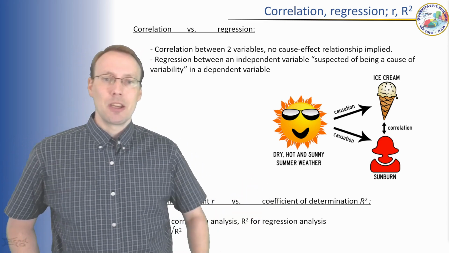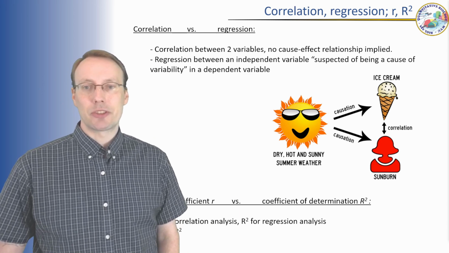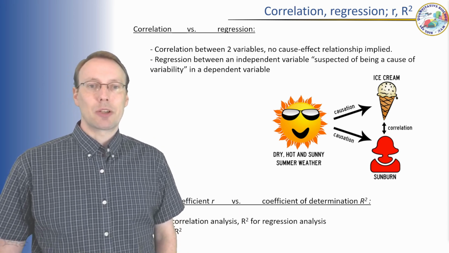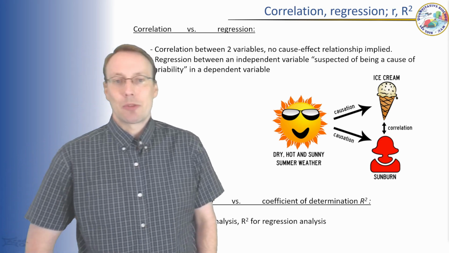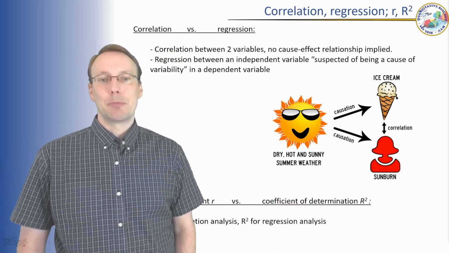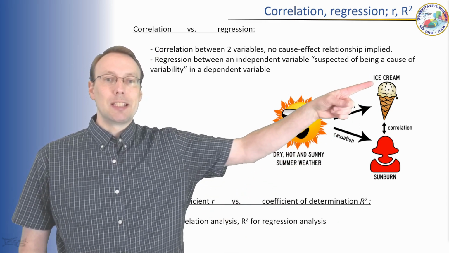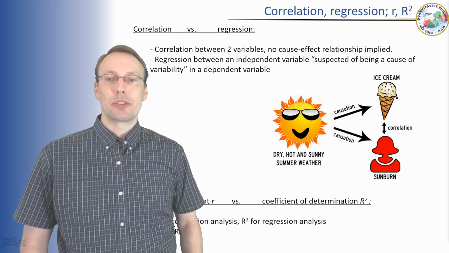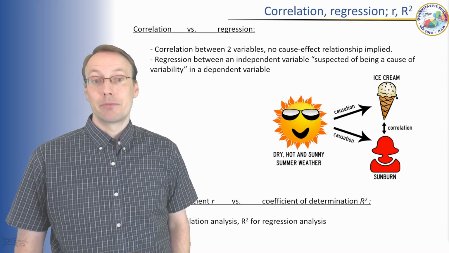So let's say you measure the temperature outside and how sunny it is, and you record the number of ice cream sold and the amount of sunburn people get. Well, if you plot the ice cream sales versus the amount of sunburn, you might see a correlation, right?